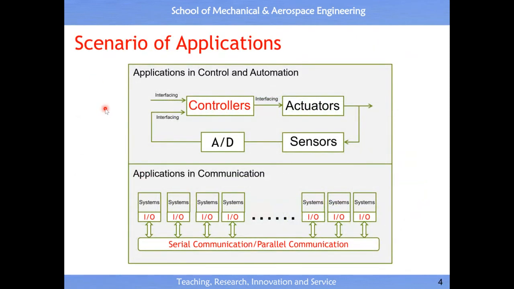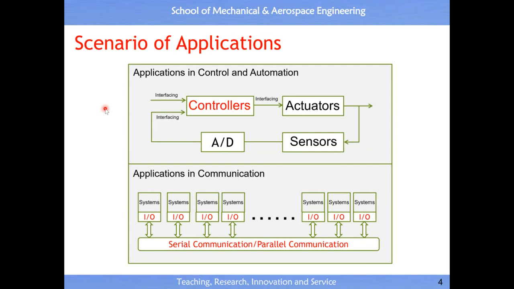And why do you need to incorporate microprocessor system into your product or into your system at a larger scale? Basically, there are two reasons. One is you may develop application which involves control and automation.